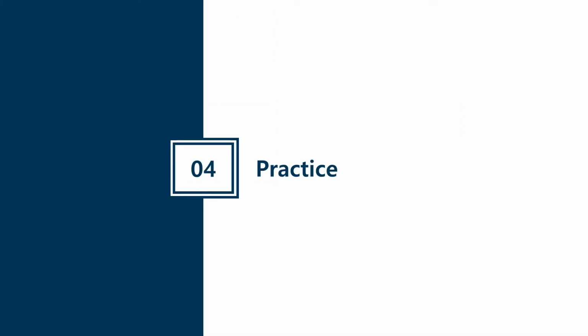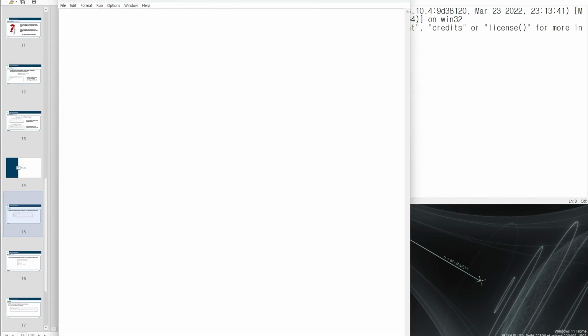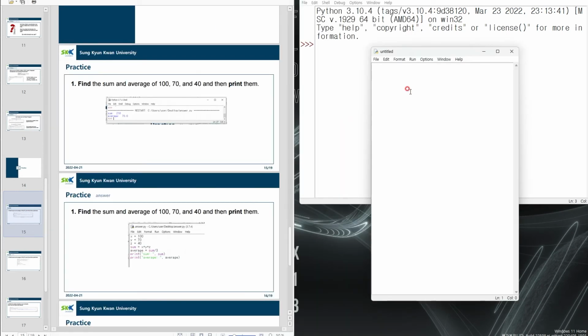Now, let's practice more with some problems that I have prepared. For practice 1, find the sum and average of 100, 70, and 40, and then print them. Let's go to IDLE shell and make new file. First, let's allocate the value 100 to the variable x and value 70 to y and 40 to z.